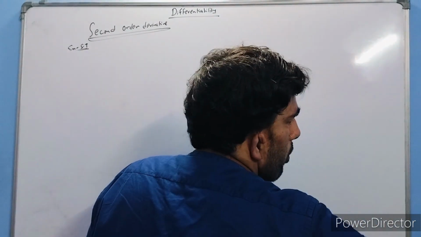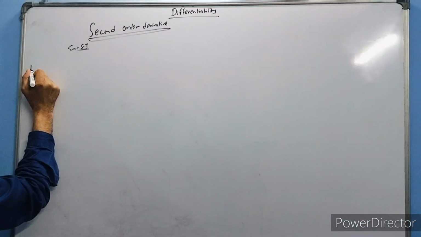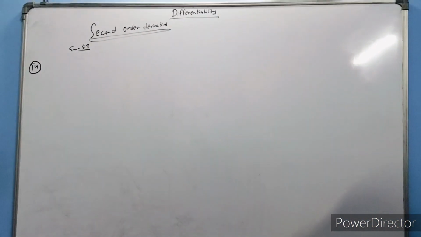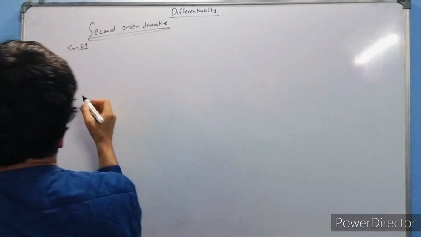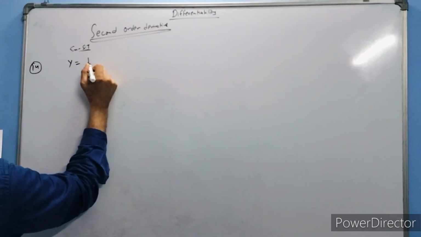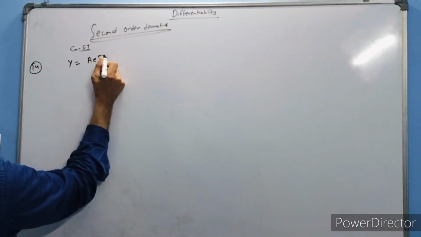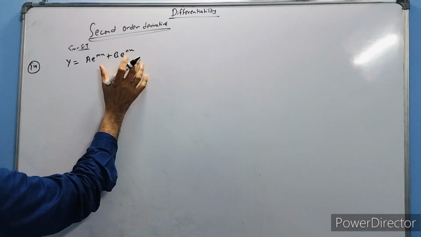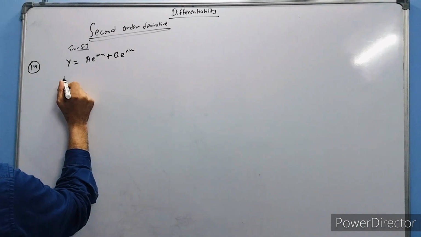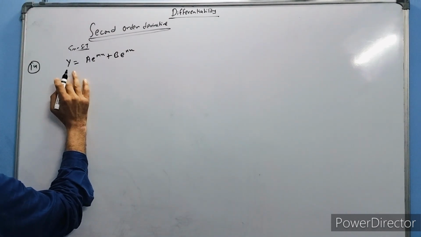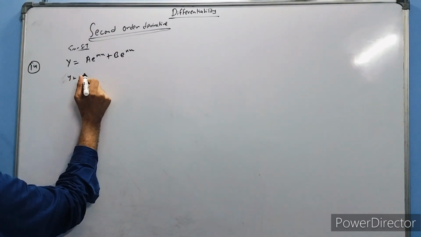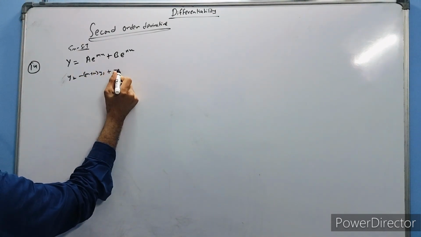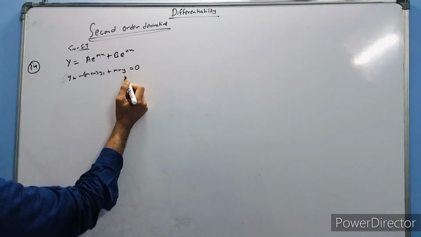The 14th question says y is equal to a e raised power mx plus b e raised power nx. This is given. We need to show that y2 minus (m plus n) y1 plus mny is equal to 0.